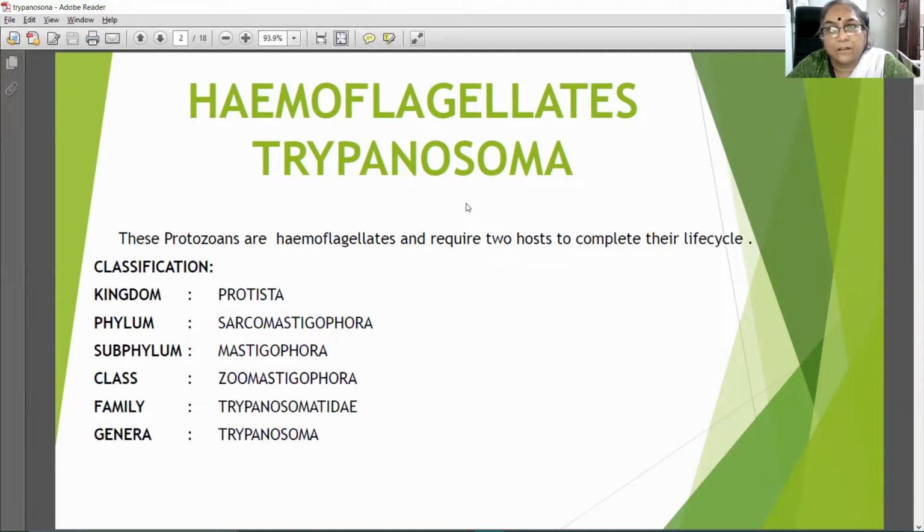Among the hemoflagellates, we are going to learn Trypanosoma. As I already told you, these are protozoans.